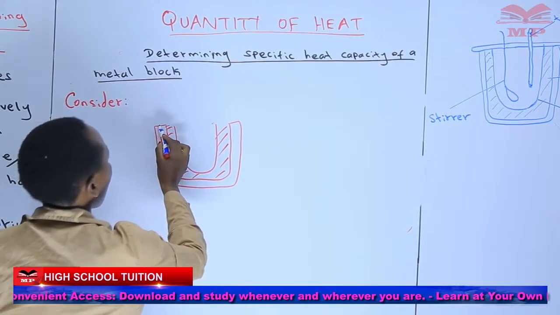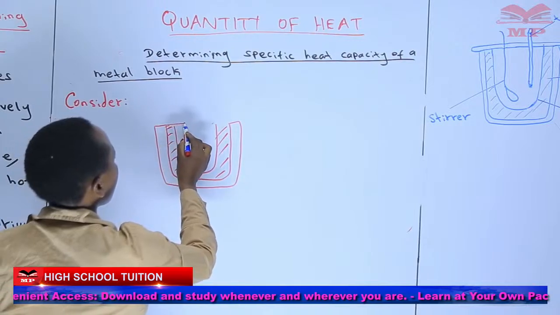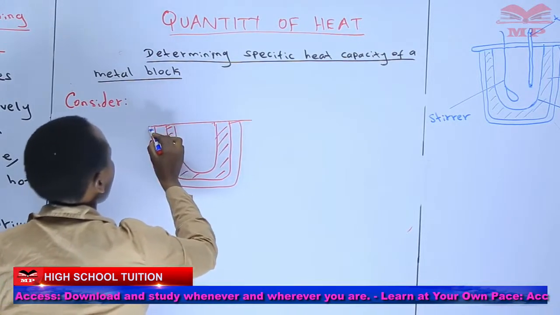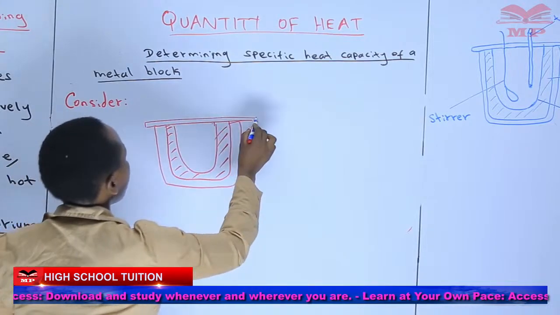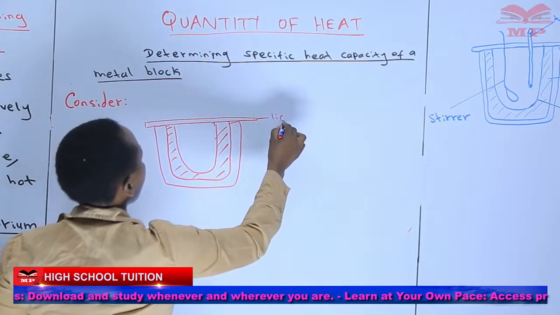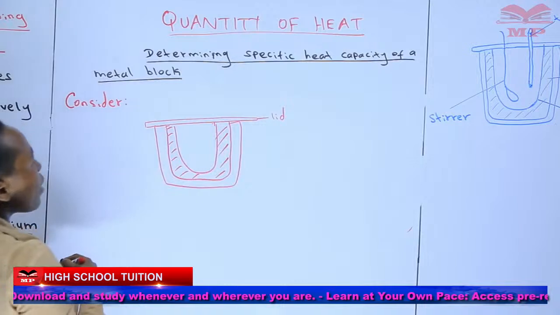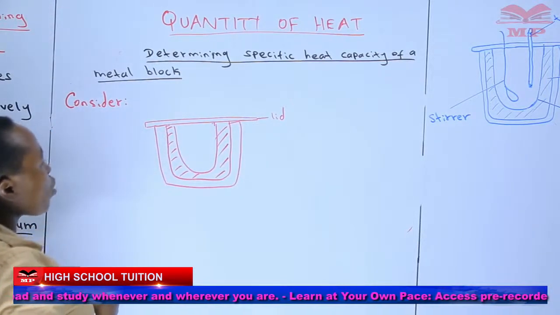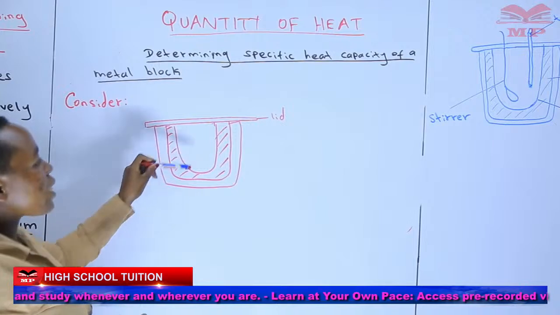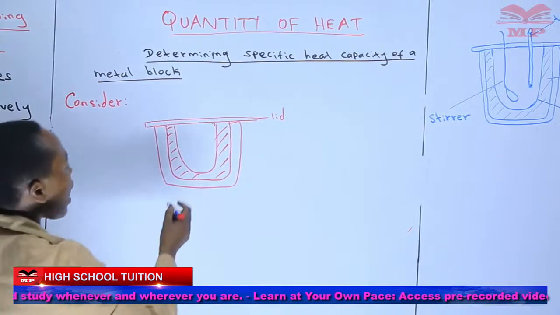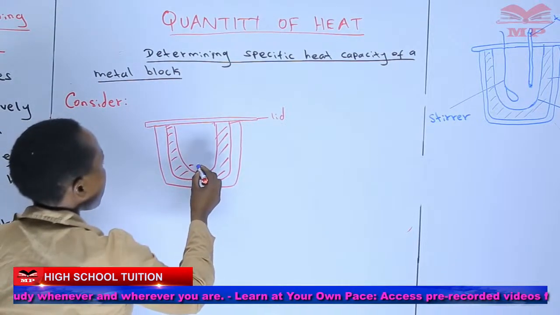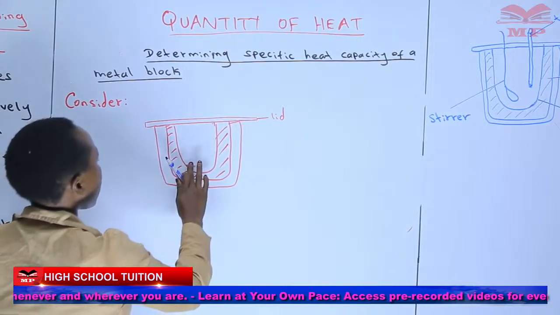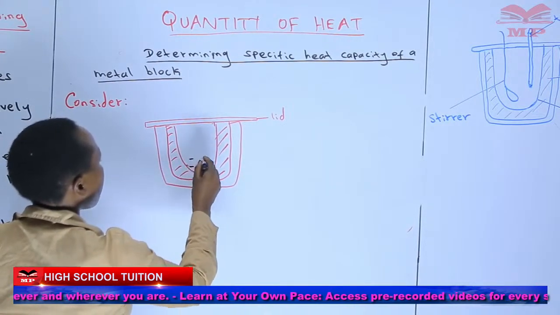Then here we have our lint, which is a poor conductor of heat. This is our lint. So in this experiment, we want to determine the specific heat capacity of the metal block. So we consider that this copper calorimeter contains water. We have some water here at a certain temperature.